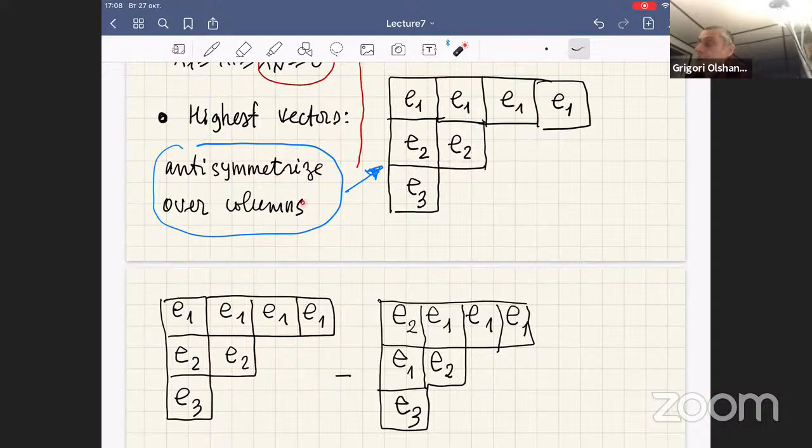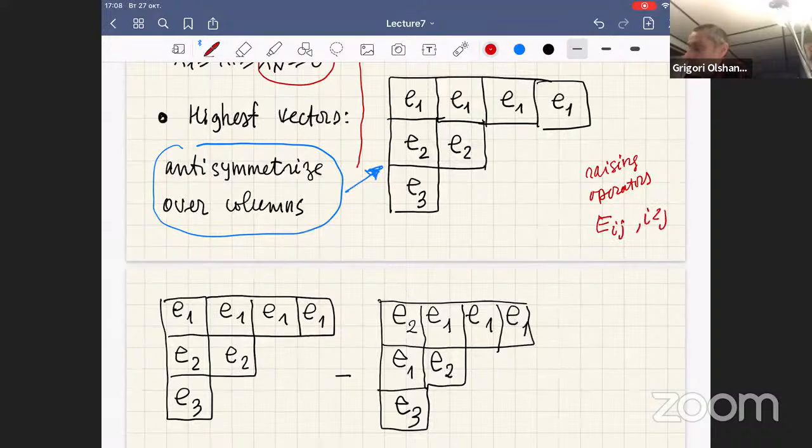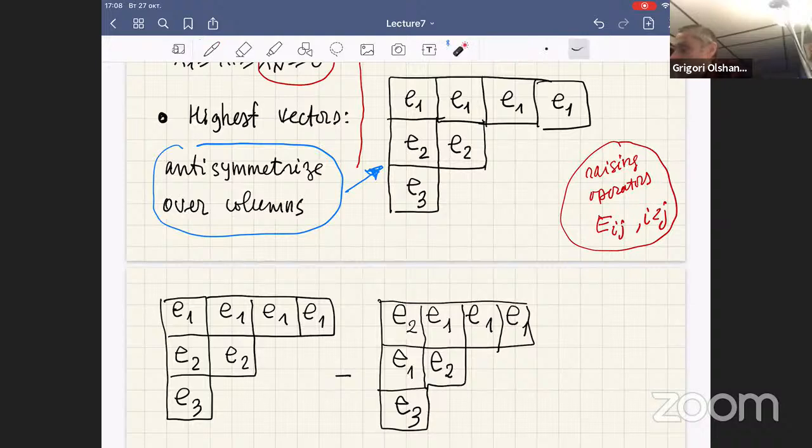This means that this vector is annihilated by the raising operators, the ones which correspond to the matrix units E_ij with i strictly less than j. So this is an exercise, just to verify this.